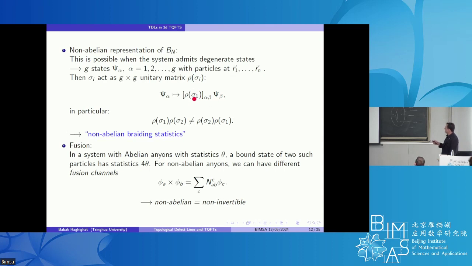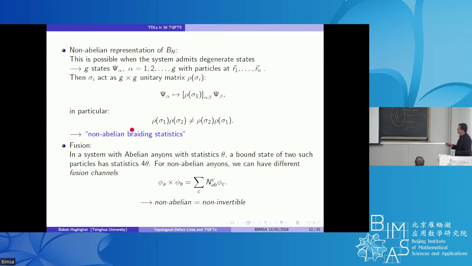But if you have many states, you can have this type of action. Now, the crucial thing is that this is non-abelian, because if you have sigma 1 and sigma 2, because these are matrices, contrary to the story with the phase, where no matter how you multiply them, it's the same, here it is not. So it's a more honest representation of these braid groups.